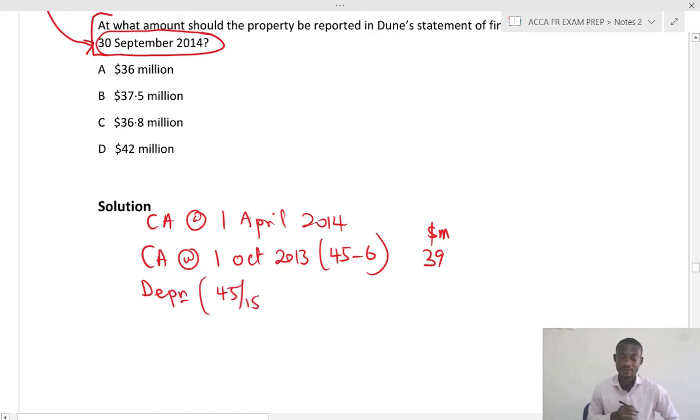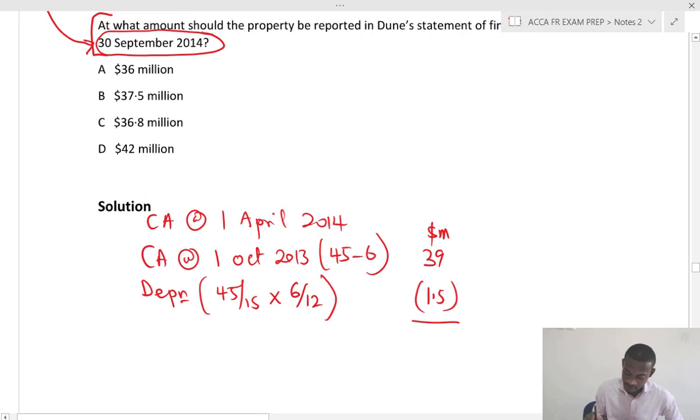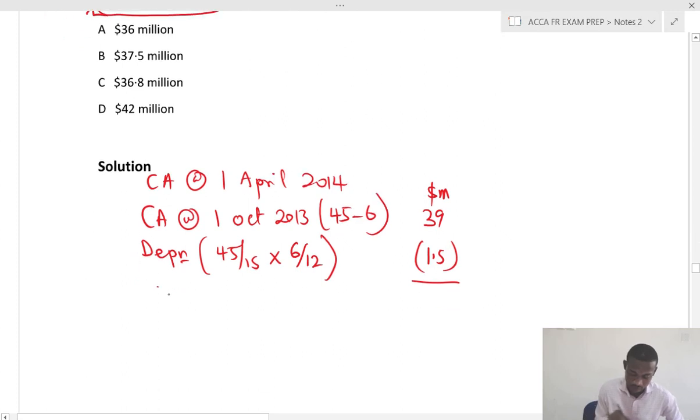Because we are looking at 1st October 2013 to 1st April 2014, which is 6 months, we need to look at 6 over 12 of the depreciation. Half of 3 should be 1.5. So it means that the carrying amount at the first of April is 39 minus 1.5, and that should be 37.5.